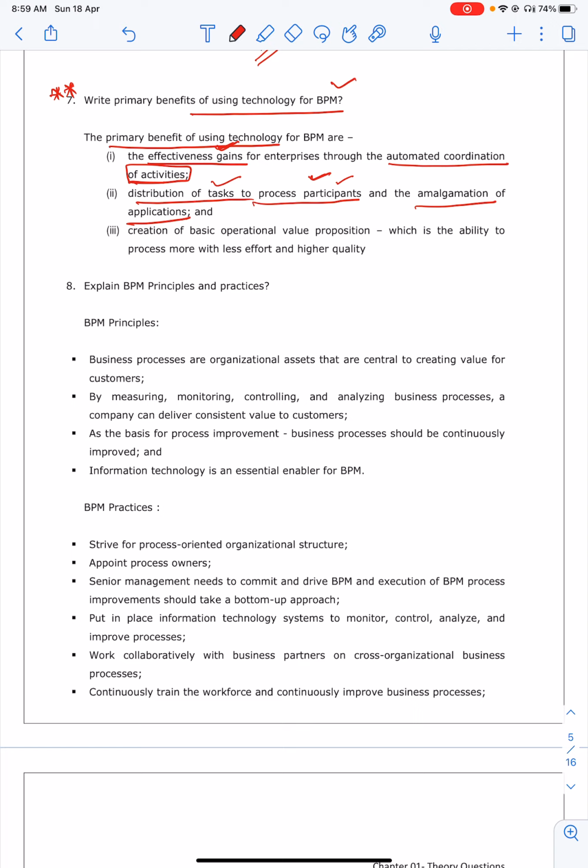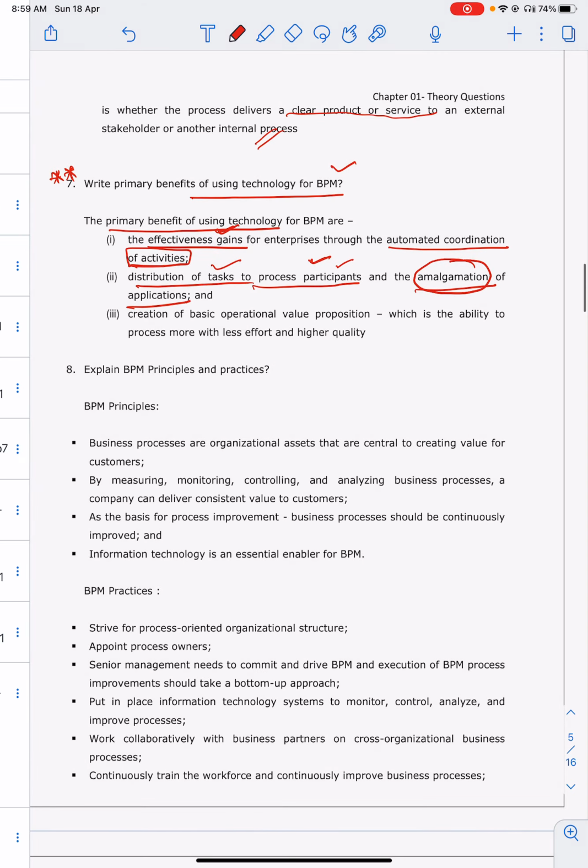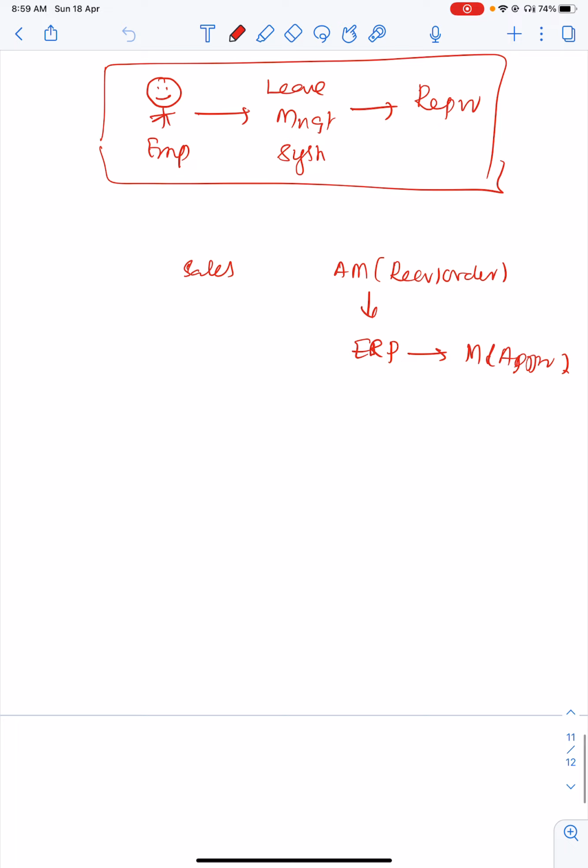Also it is required for the purpose of amalgamation of applications. A very important thing: why are ERPs generally used? ERPs are generally used as integration software. Every department will be using a different information system. For example, accounts will use an accounting information system, and sales will use something like CRM, customer relationship management.